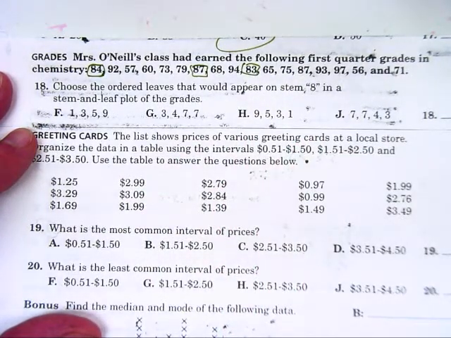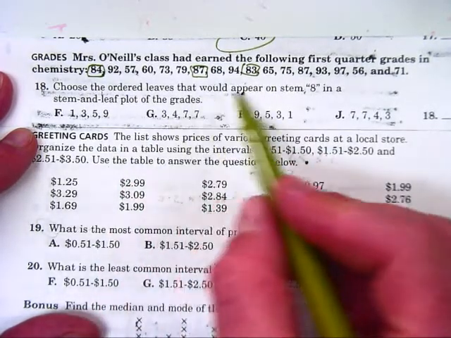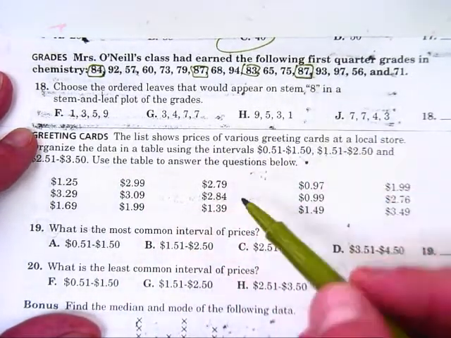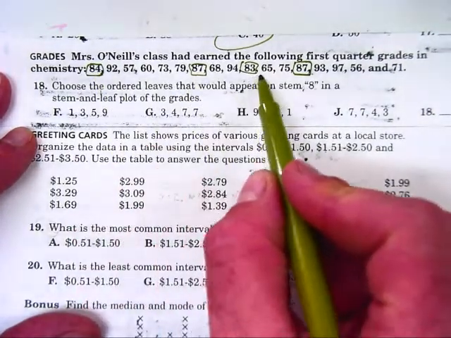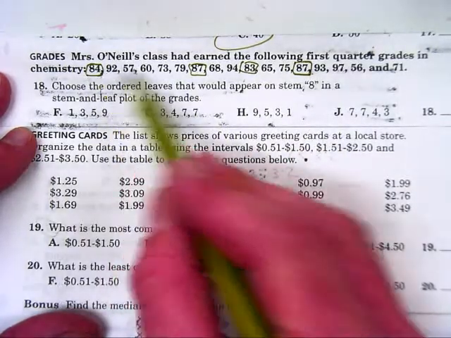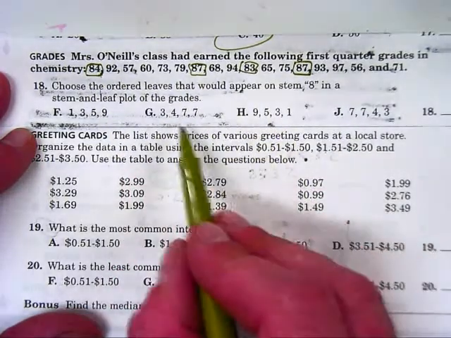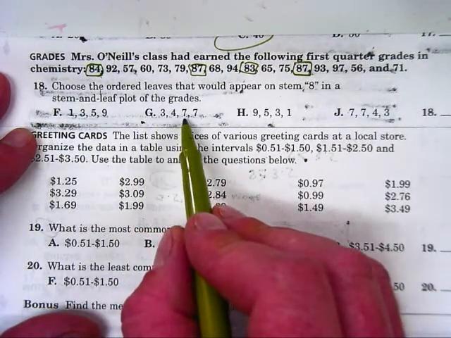So it looks like 4, 7, and 3. Is there another 7? Okay, there's another 87. Sorry, we missed that one. So the stem would be an 8, and the leaves would be 4, 7, 3, and 7.